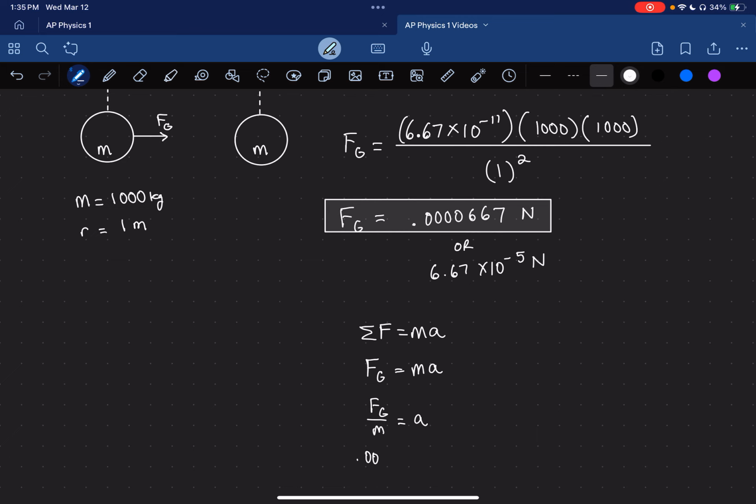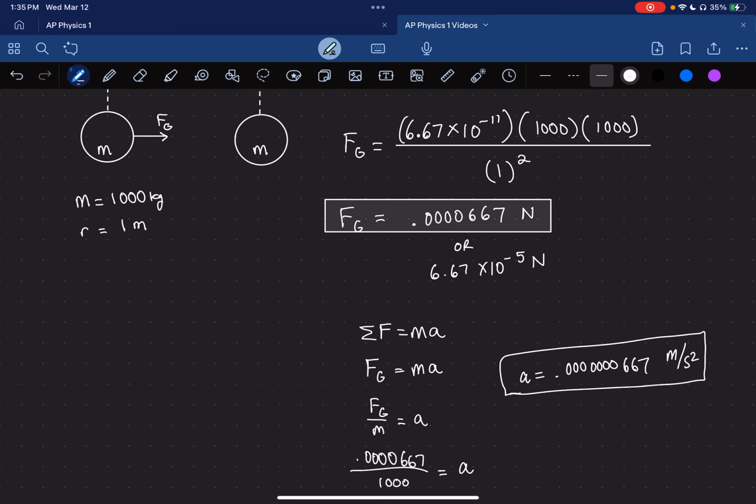This is 0.0000667 over 1,000. And so it becomes even smaller. We could add 3 more zeros. 1, 2, 3, meters per second squared. So the acceleration is incredibly small.